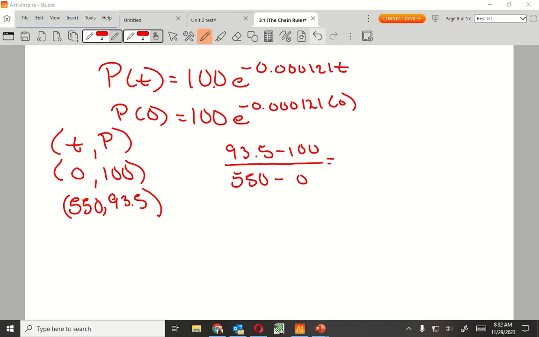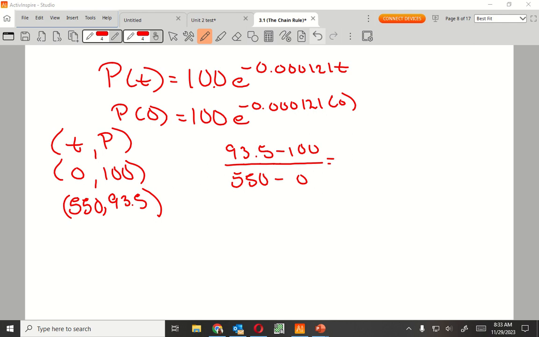I know you guys are doing amazing math right now, and you might need a calculator for this one, because I'm not very good at calculating e to the negative 0.00121 times 550. Even though you don't have to do that, you're still going to end up having to do this.